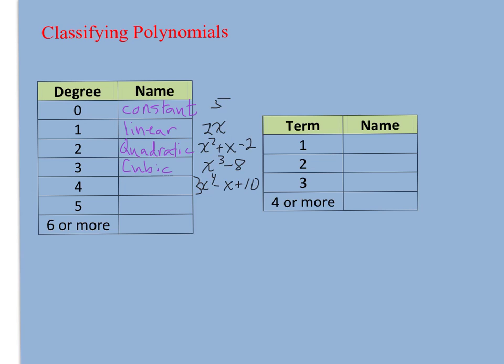And so a degree of 4 is called quartic. And then a degree of 5, we're not going to continue, I think you get the idea with the examples, would be a quintic.